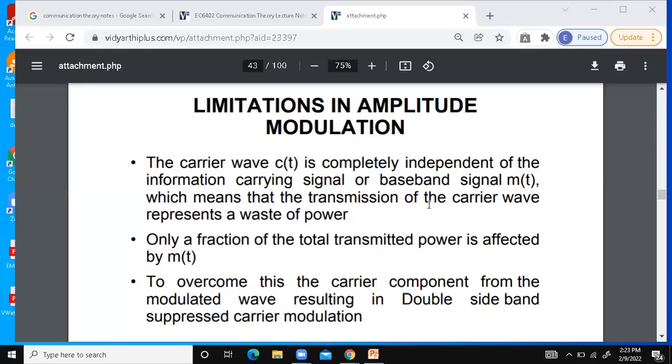And since you put the information on a carrier, both the carrier and the signal are going to the same place. So you have to exert two different quanta of energy to get the information and the carrier from point A to point B.